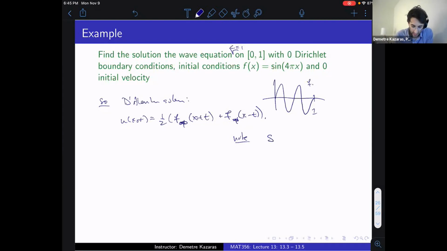But anyways, the odd periodic extension of sine of 4 pi x, for x between 0 and 1, is sine of 4 pi x.